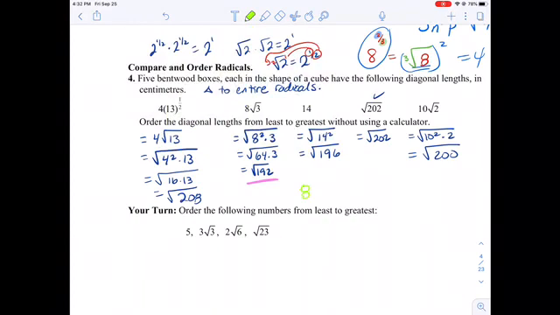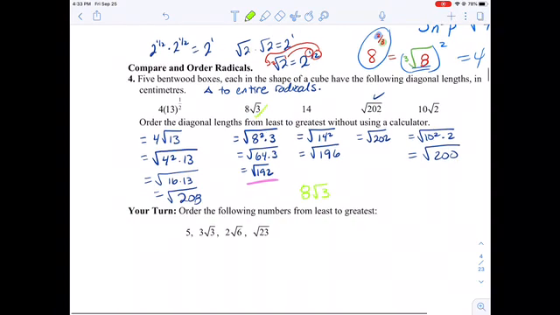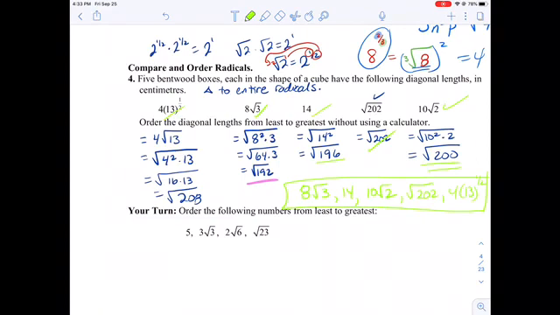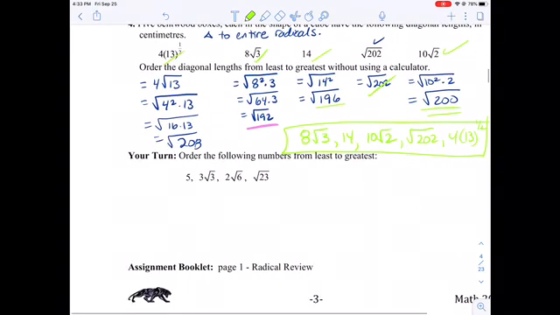The next biggest would be the 196, which is 14, and the next biggest would be 200, which is 10 root 2. Then the next biggest would be the 202, and the last and biggest would be the 4 times 13 to the 1/2. So there's our answer there.